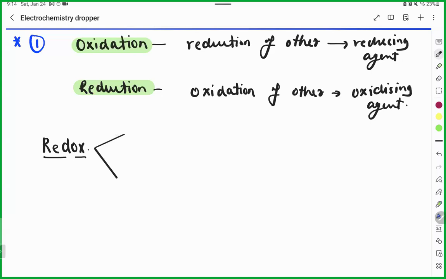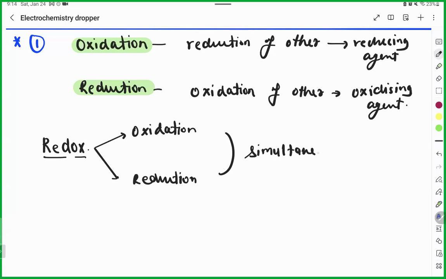Any doubt, Sarah? No, sir. So oxidation and reduction happen simultaneously. It also means oxidation means reducing agent and reduction means oxidizing agent.